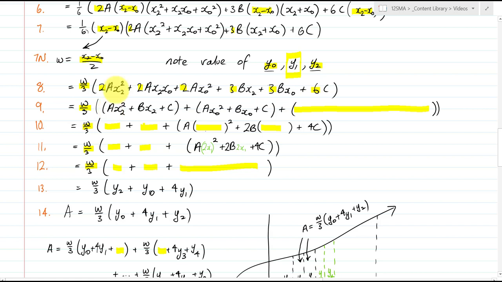And once I've expanded the brackets, I take out enough values to get a y2 and enough values to get a y0, and that leaves me with 1ax2 squared. I've still got this one here, which is 2ax2x0, and then I've got 1ax0 squared. And if I take out a bx2 and a bx0, I'm left with 2bx2 plus 2bx0. And then I take out a c and a c, I'm left with 4c.